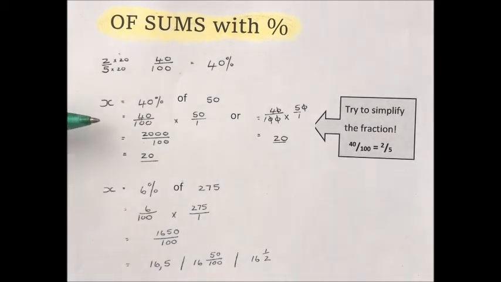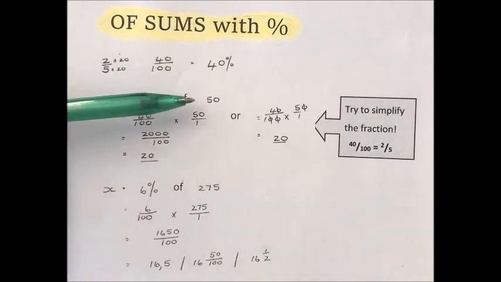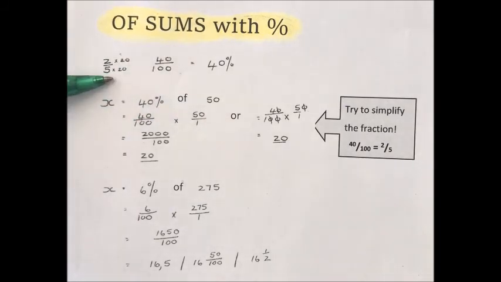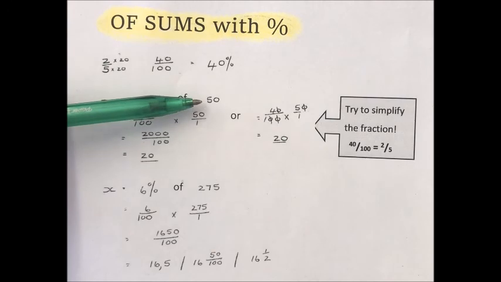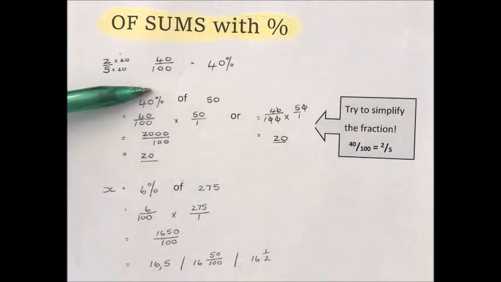If you would have used method 2, you would not have used the denominator of 100. You would have either said 4 over 10 or 2 over 5. Take the 50, divide by 5, you get 10 times 2, 20. If you had worked with 10, you would say 50 divided by 10 is 5, times 4 is 20.